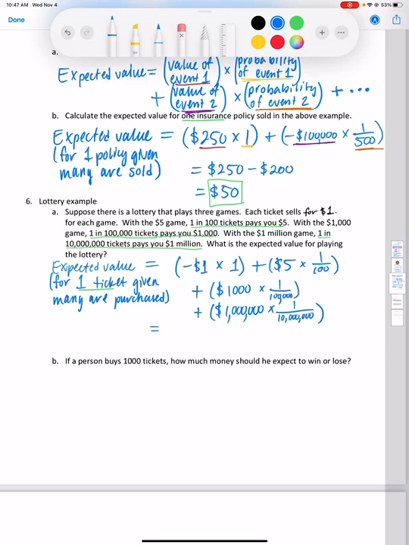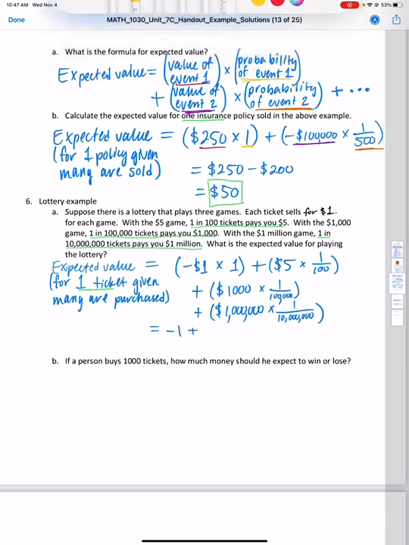Negative $1 times 1 is negative $1, plus 5 times 1 over 100, or 5 divided by 100, is 0.05, plus $1,000 times 1 divided by 100,000, which is 0.01, and 1 million times 1 over 10 million, which is 1 million divided by 10 million, is 0.1.